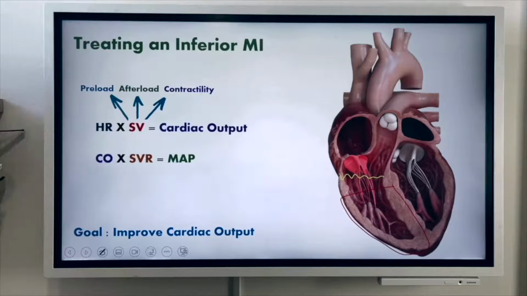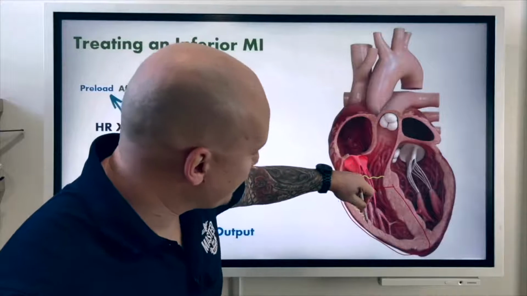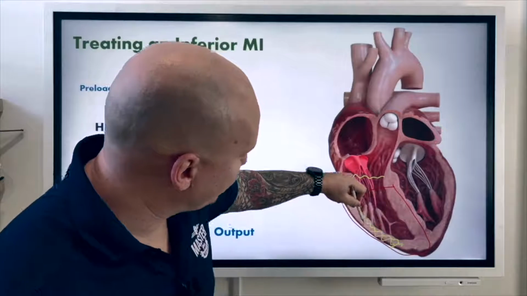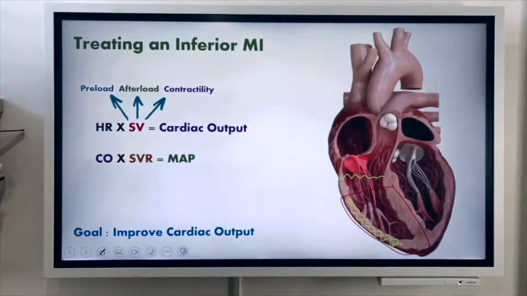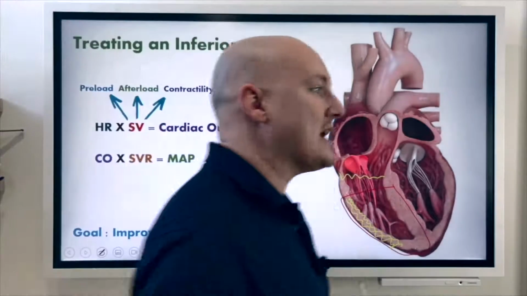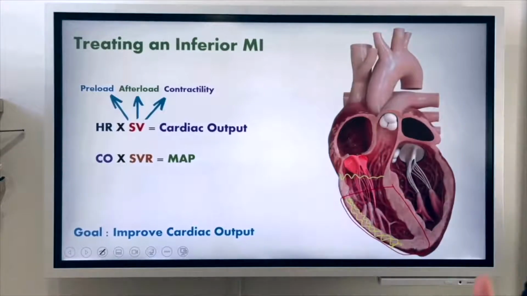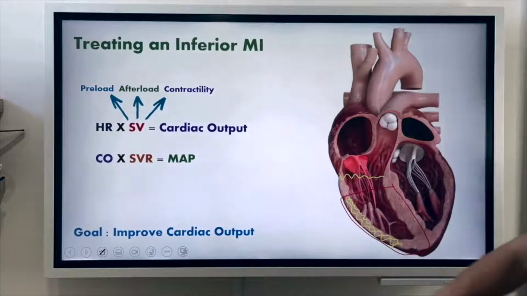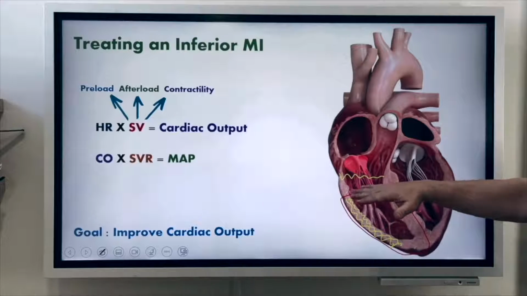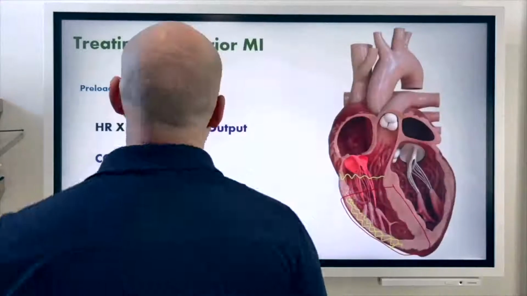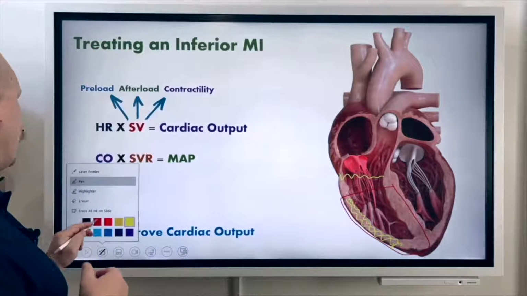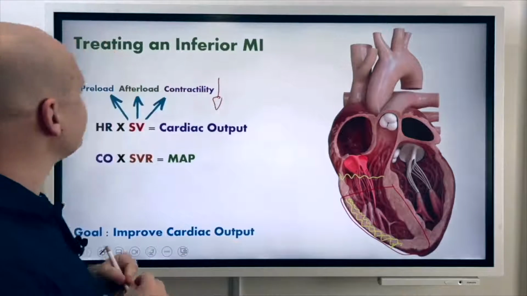Now, what happens when we have a myocardial infarction and we lose some of this precious muscle? We end up losing a good portion of this muscle, which means that the ventricle is going to have a heck of a time trying to contract and move blood forward, even if we do have good preload. So we really have a major impact on contractility.